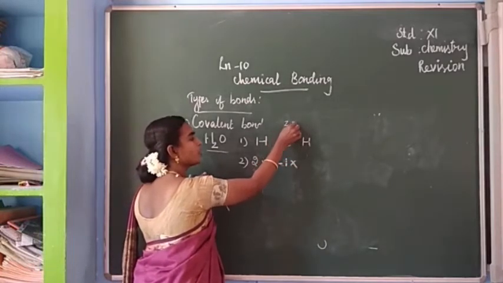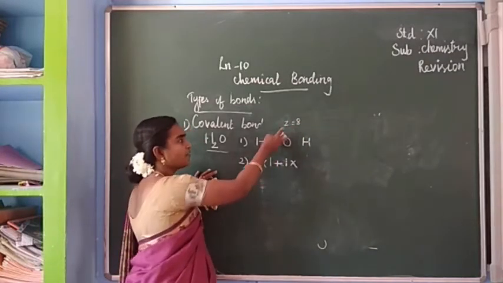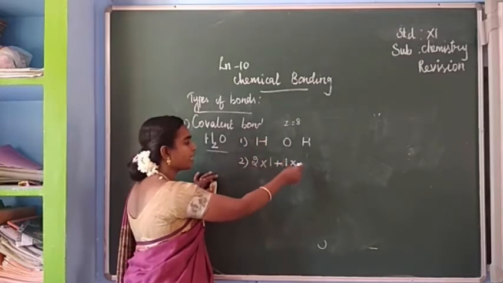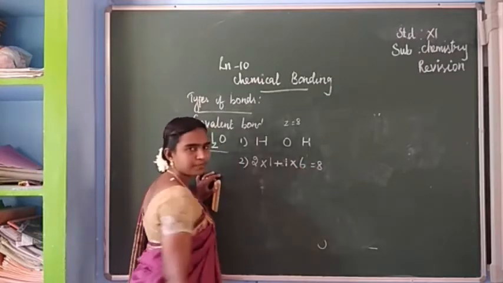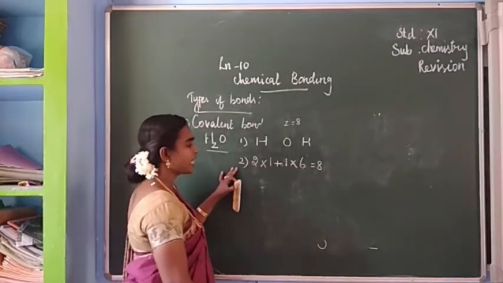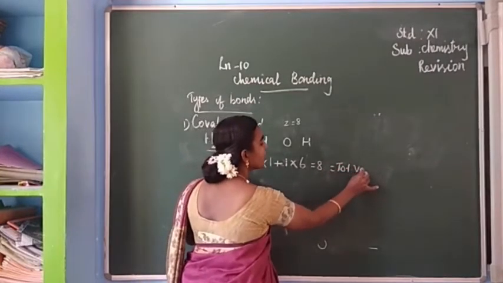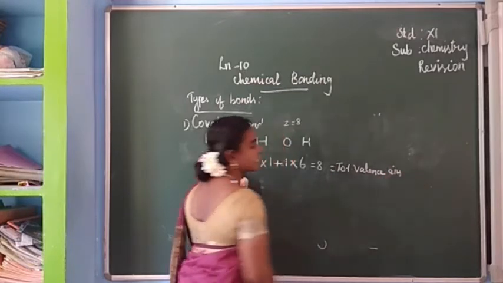Z is equal to 8, isn't it? So how many valence electrons are there? After leaving the electrons present in the 1s orbital, it becomes 6. So 1 into 6, the total is 8. Is it clear? So 8 is the total number of valence electrons present in the molecule.